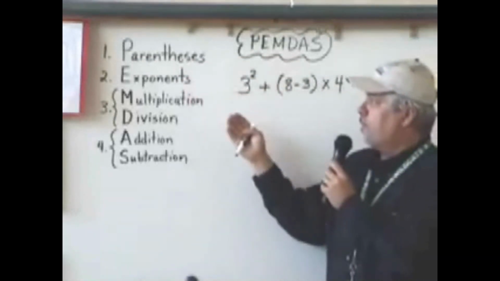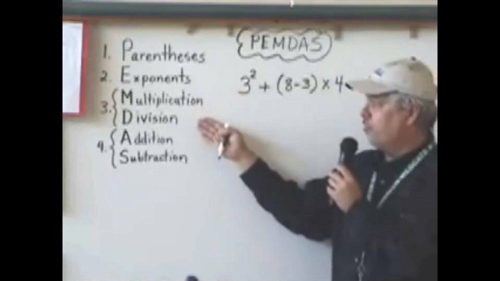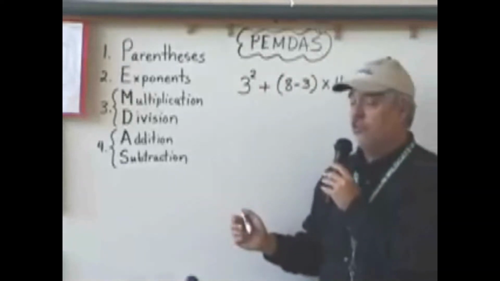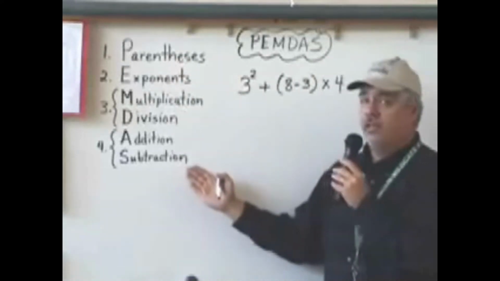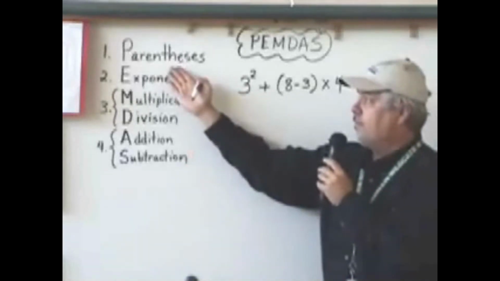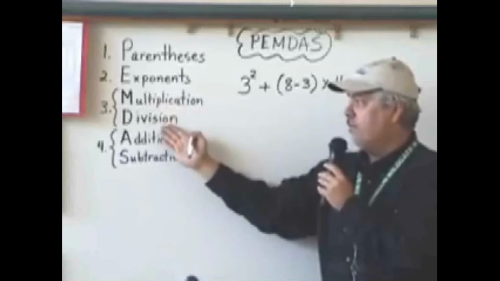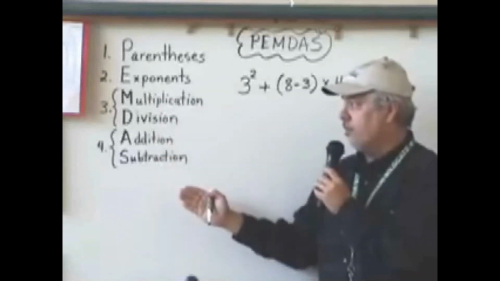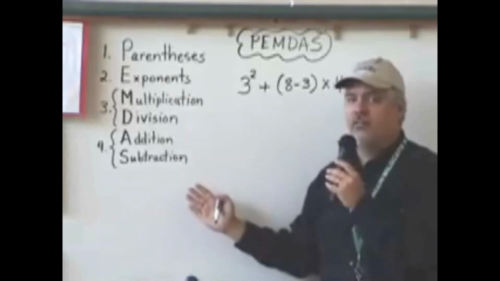E stands for exponents, M and D stand for multiplication and division, and A and S stand for addition and subtraction. And this is the order that you need to do things in. Parentheses first, exponents next, multiplication and division from left to right, and then addition and subtraction.